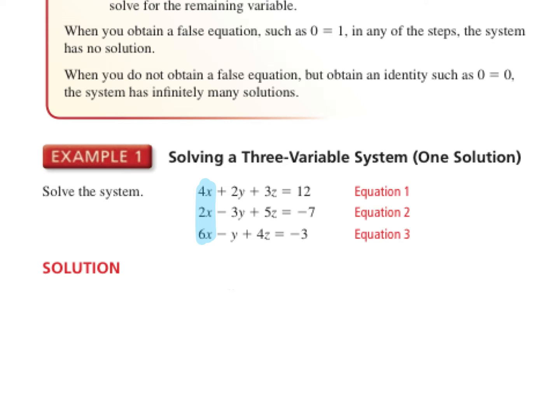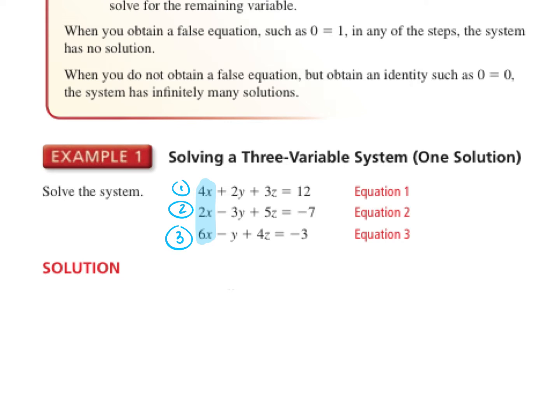So I'm going to label my equations 1, 2, and 3. To start, I'm going to pick 2 of them and cancel out the x's. So I can pick any 2 of these 3 and get the x's to cancel. Which 2 do you want to pick?